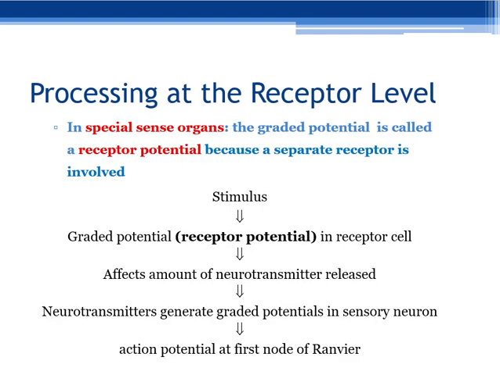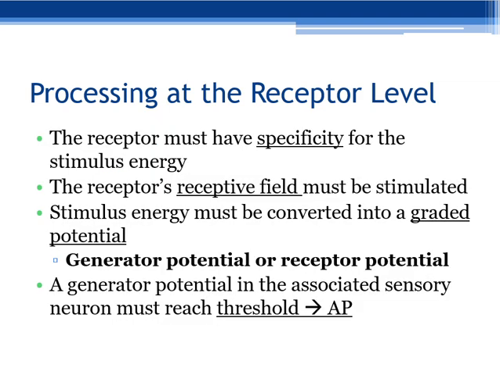Now, if it's a special sense organ, then the graded potential initially is a receptor potential because it occurs in the receptor cell. That would lead to neurotransmitter release by the receptor cell that then initiates a graded potential in the afferent sensory neuron. Then you finally get an action potential if that graded potential is strong enough. So not only do we need specificity, we need proper receptive field use and a graded potential that gives us threshold that leads to an action potential. We need all of that for a receptor to communicate to the circuit level.